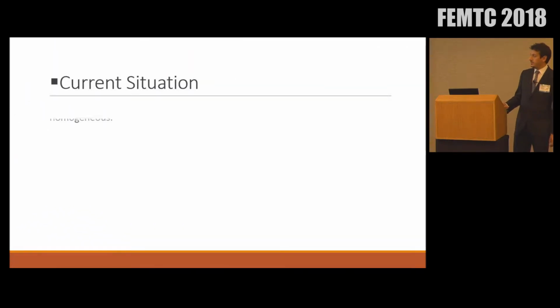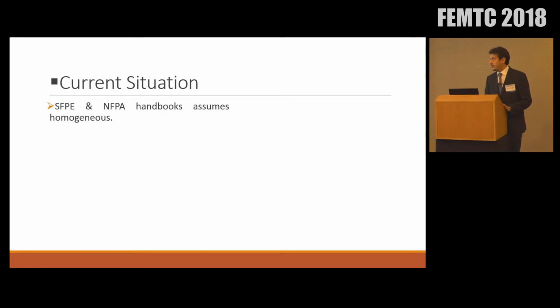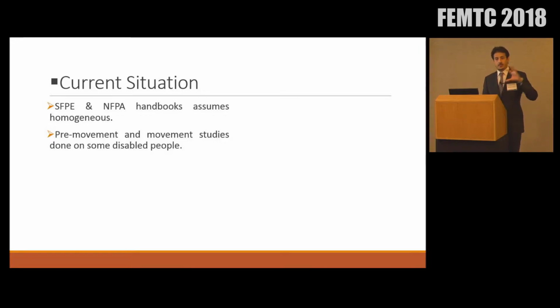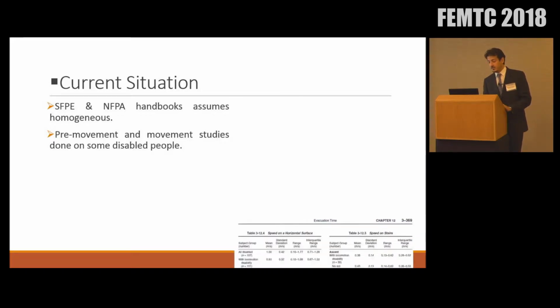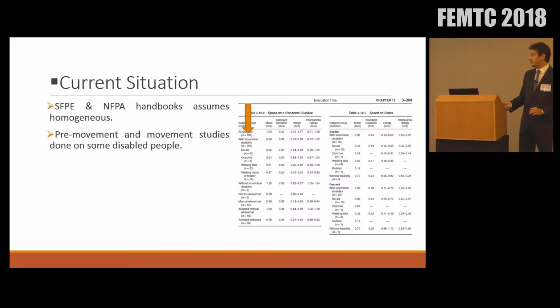The current situation is that many of the studies in non-FPE and SFPE assume people are homogeneous, which means able-bodied people alone and disabled alone, and they do not consider them heterogeneous, which are mixed occupancies. Pre-movement and movement studies have been done on some disabled people.